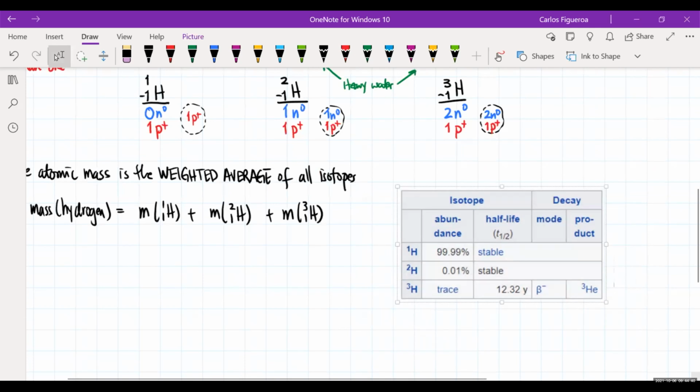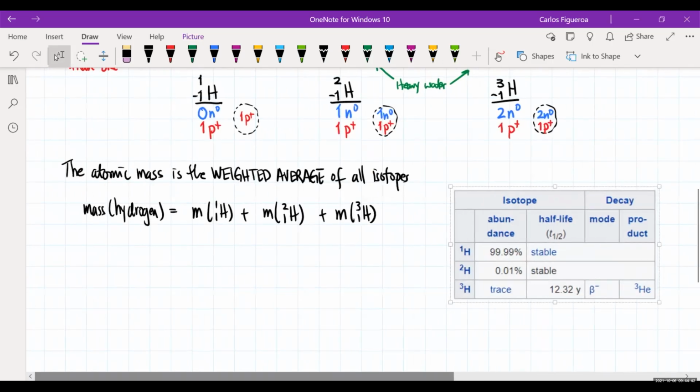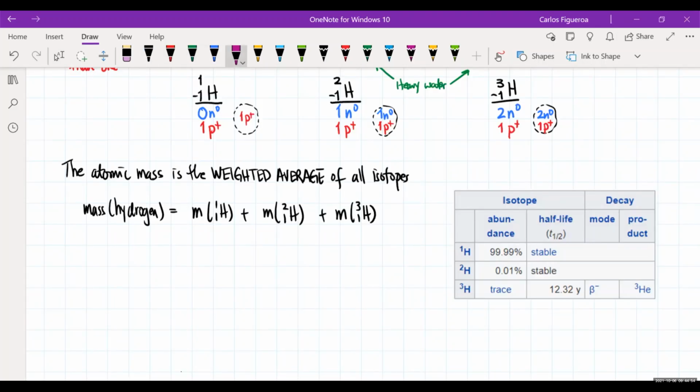So check it out. What this tells us is about the abundances. Of all of the hydrogen that has ever been observed, you could see here that 99.9% of all hydrogen is hydrogen 1. And hydrogen 2 is 0.1%, which is a tiny, tiny amount.